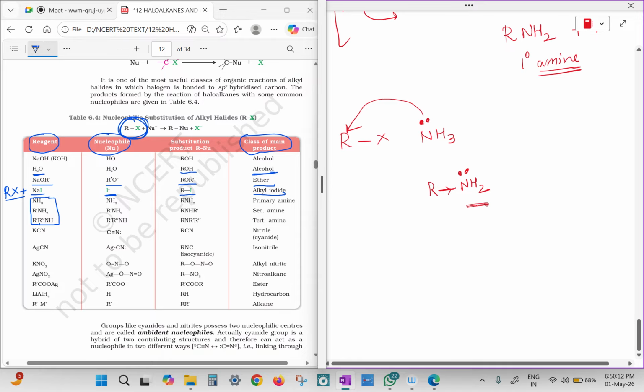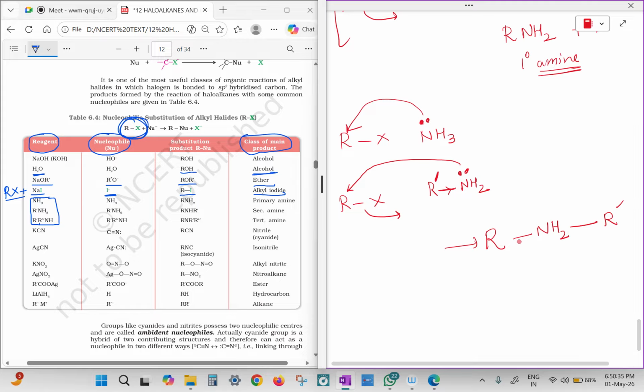So it's even better in terms of having a lot of electron density. So what will happen? The nitrogen with the lone pair comes and attacks. The halide leaves. So what will you get? Assume this is R dash, just to distinguish the two alkyl groups. I'll put it as R bonded to NH2, bonded to R dash. Now, Aprameya, tell me whether there will be a positive charge on this nitrogen or not.